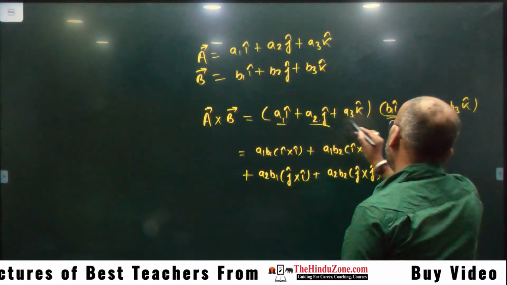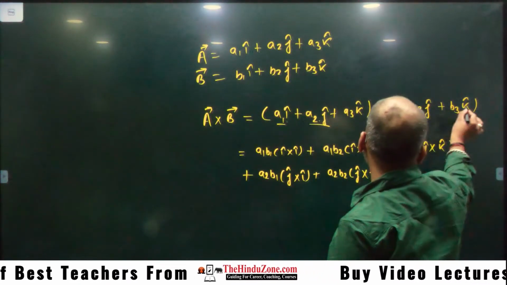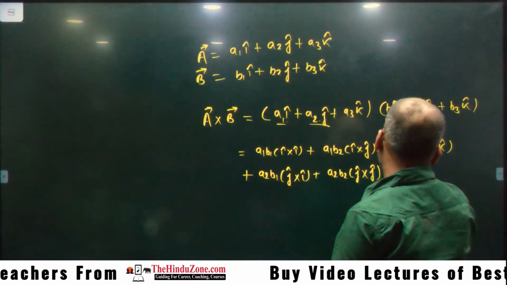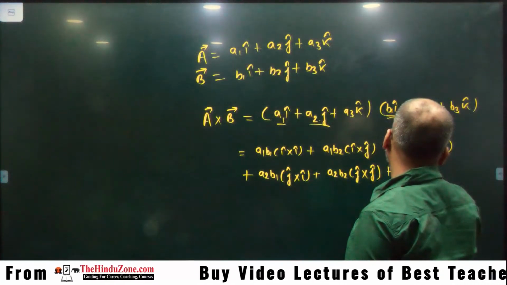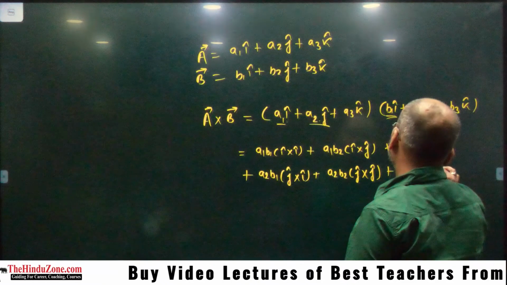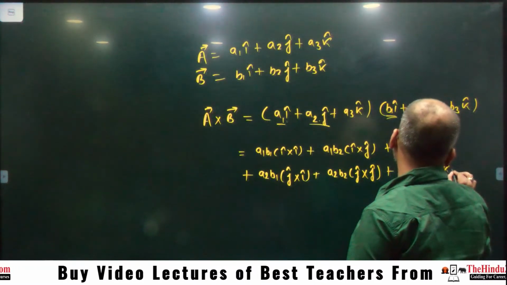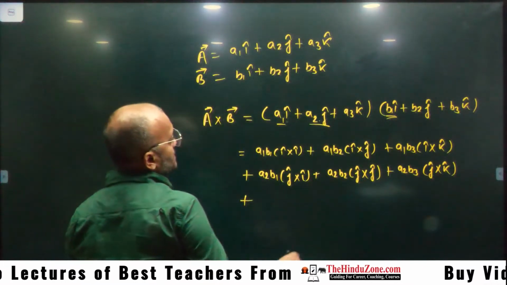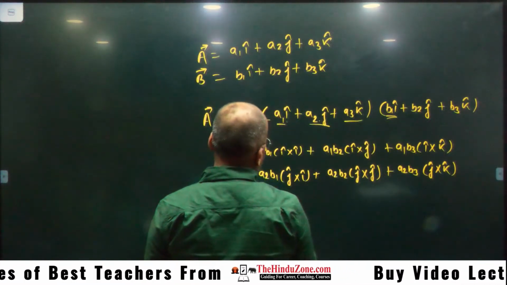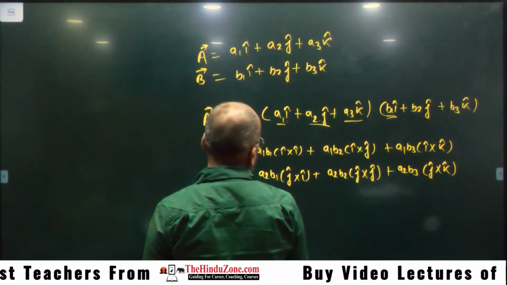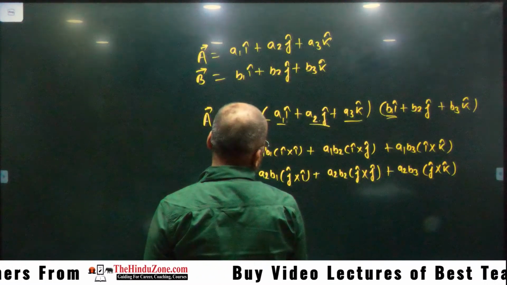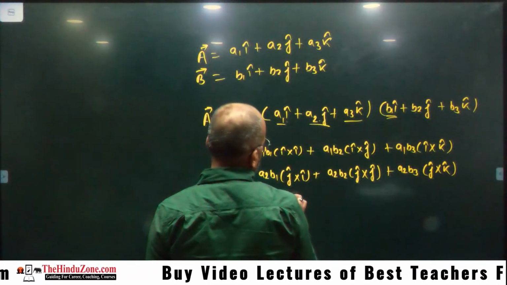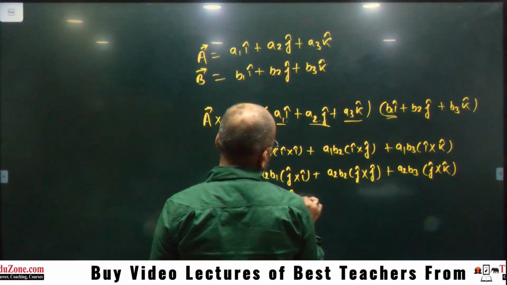And then A2 J cap and B3 K cap, so A2 B3 J cross K. Plus A3 K cap and B1 I cap, so A3 B1 K cross I.